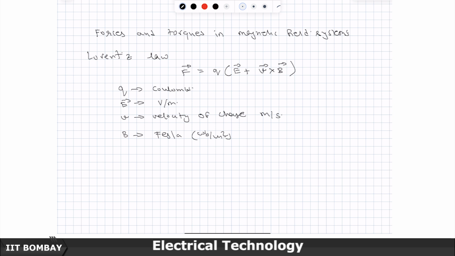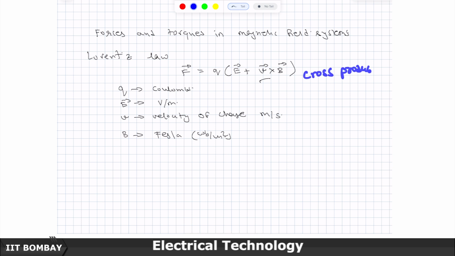Now, if you look carefully, you will see that this is a cross product, is it not?